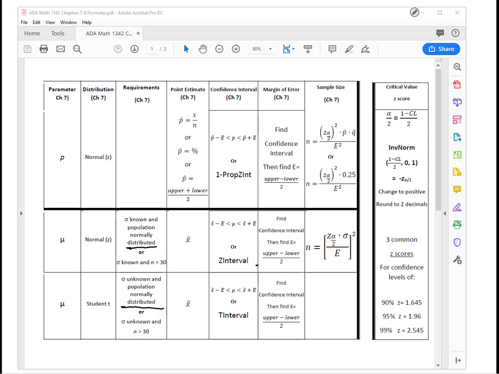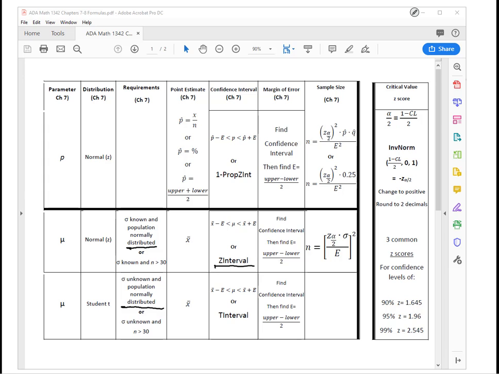So I pick the row with the normal distribution, and I look further to the right to find how to get my confidence interval. As with all confidence intervals, you have two options. You can use the by-hand formula, which is your point estimate plus or minus the margin of error, but I'm not given a margin of error here, so I'm going to use the second option, which is the calculator.